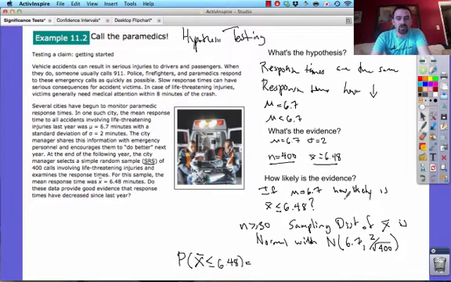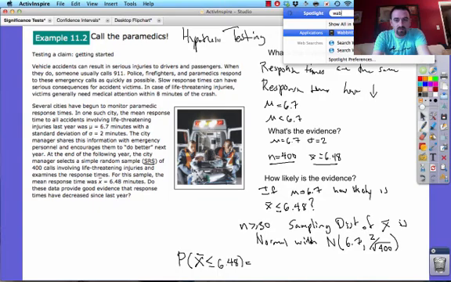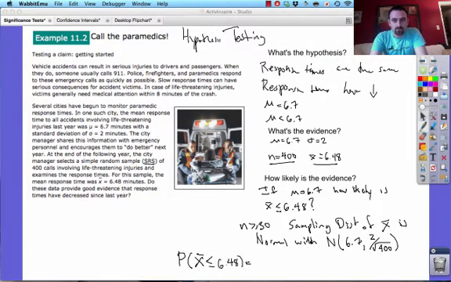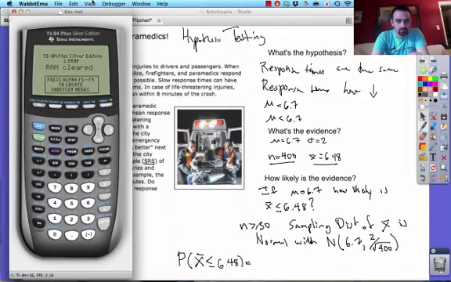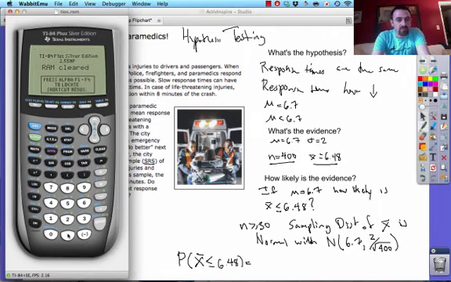I'll pull up the calculator. We have a standard deviation of 2 divided by the square root of 400. So a standard deviation of 0.1, that came out nicely. And we know the mean is 6.7.